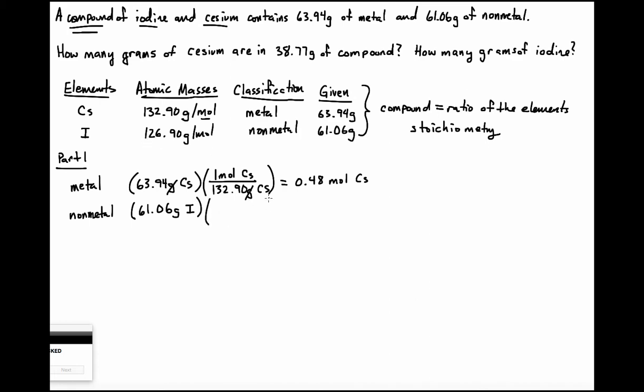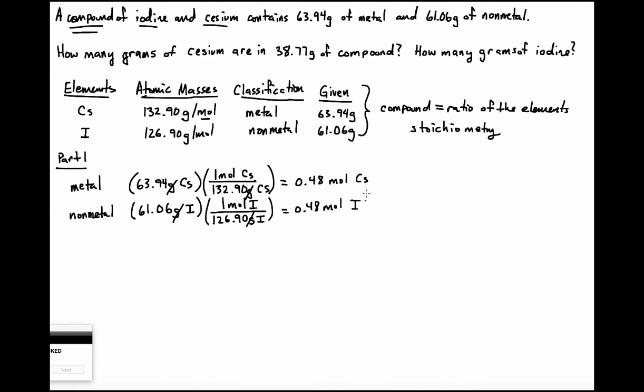And we can express it in this form. 126.90 grams of iodine per 1 mole. And I'm writing it this way because the grams again need to cancel out. And I'll multiply this through. So when we do that, we're going to have 61.06 divided by 126.9. That gets us 0.48 moles of iodine as well.